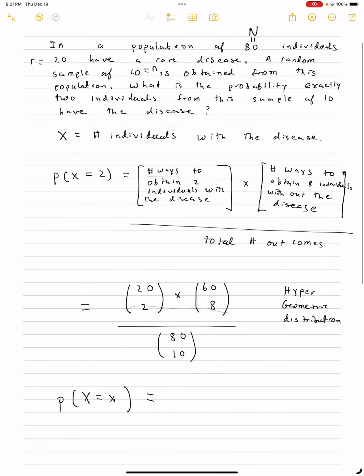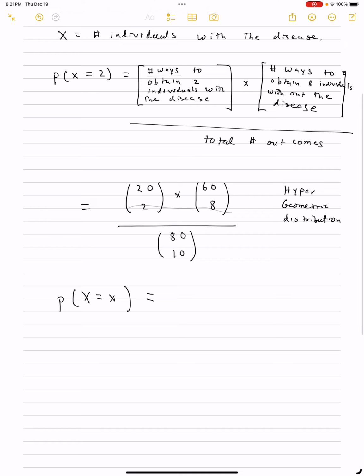If I do this and instead of using 20, I use R for the number with the trait, which is being the disease, then this is R choose X, where X is 2 here, times the population size minus the number of individuals with the trait, choose the sample size minus the number of individuals with the trait.